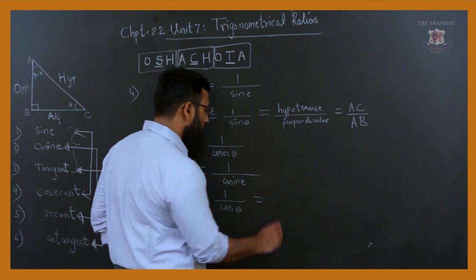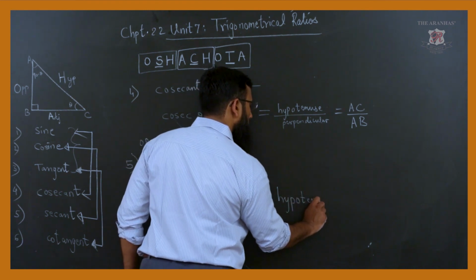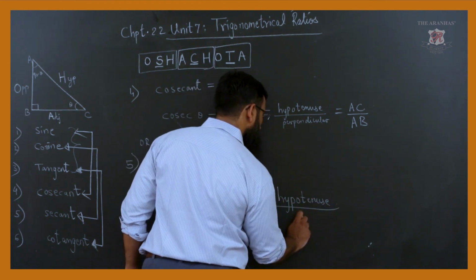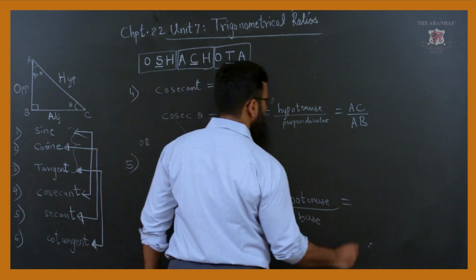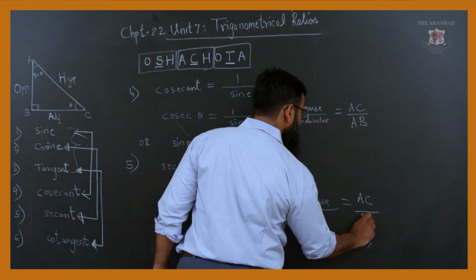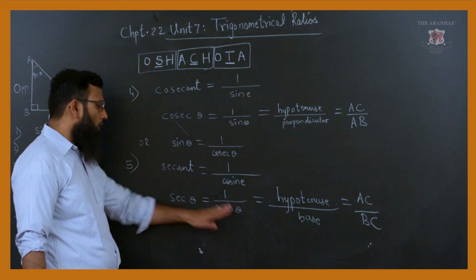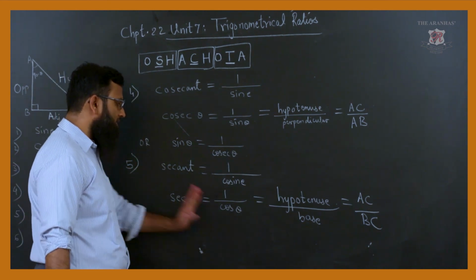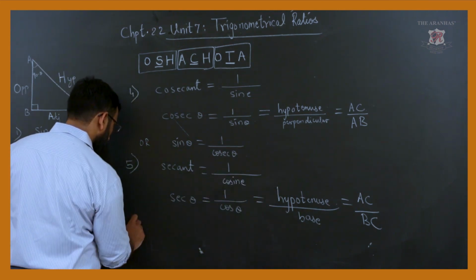So, take reciprocal of that, every time hypotenuse will go to numerator and it will become hypotenuse upon base. Now, hypotenuse is the same AC, whereas the base is BC. Also, one can write cos theta is equal to 1 upon sec theta, both are one and the same, but that will change accordingly.